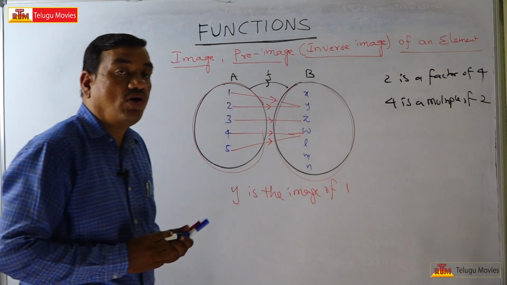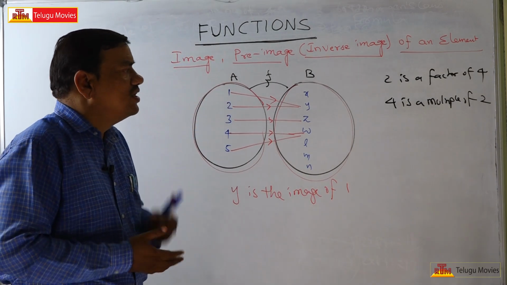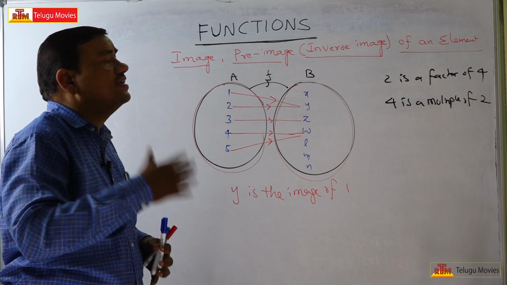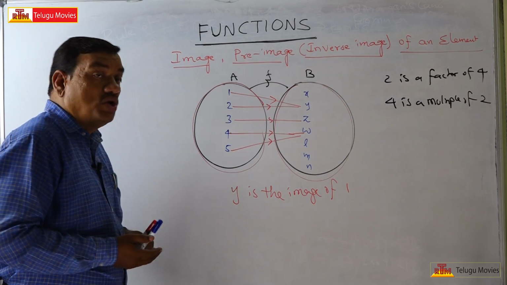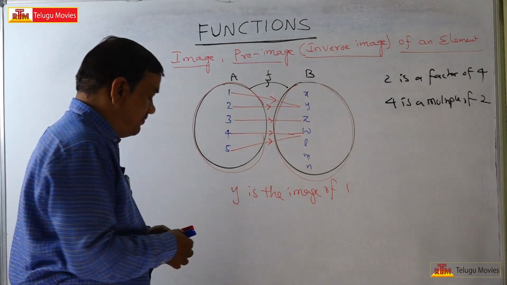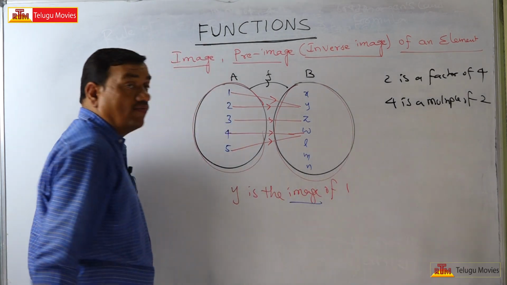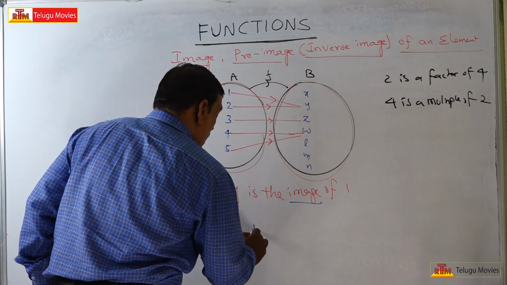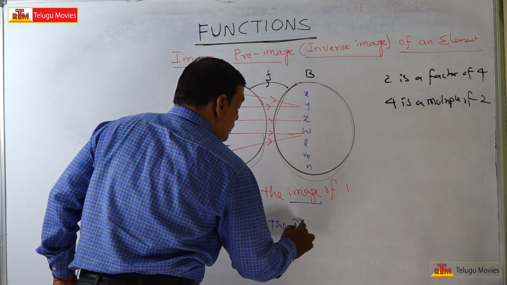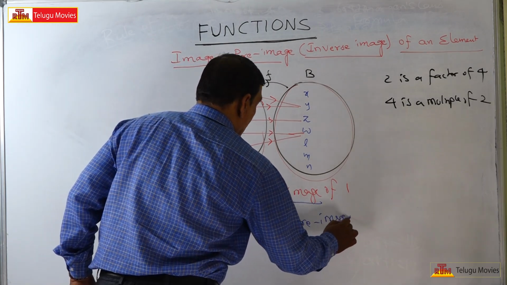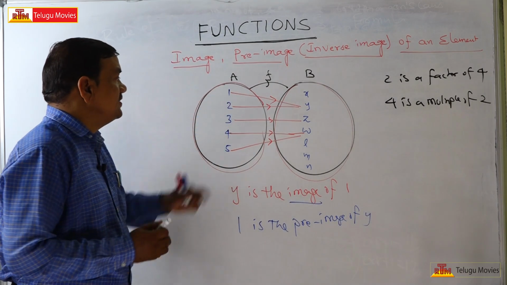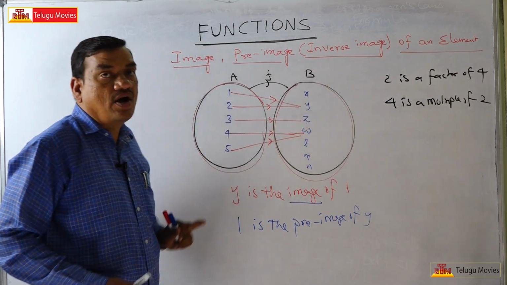In a reverse way, you read 4 is a multiple of 2. So here also, if you read in a reverse way, y is the image of 1 becomes 1 is the pre-image of y.